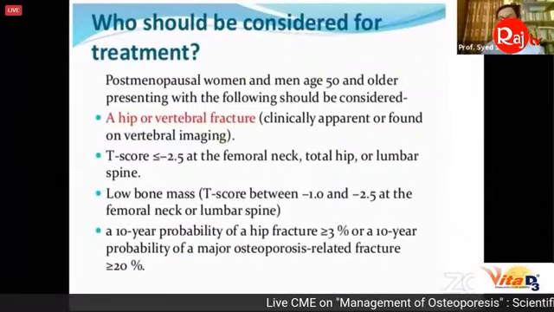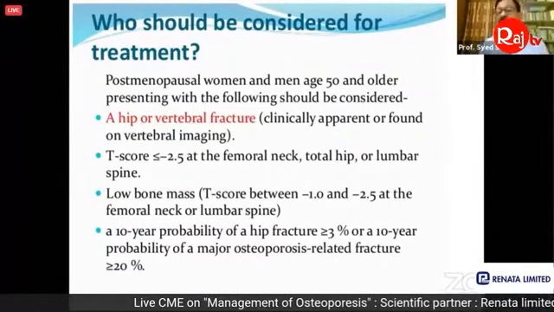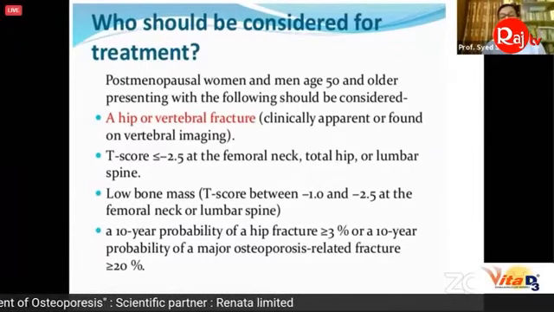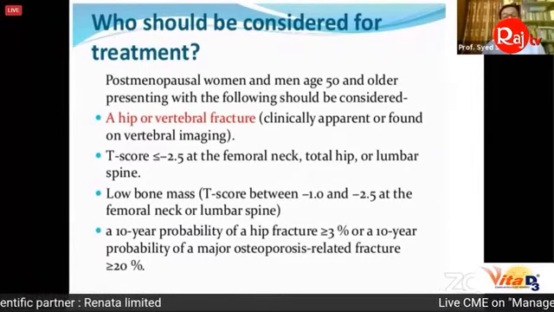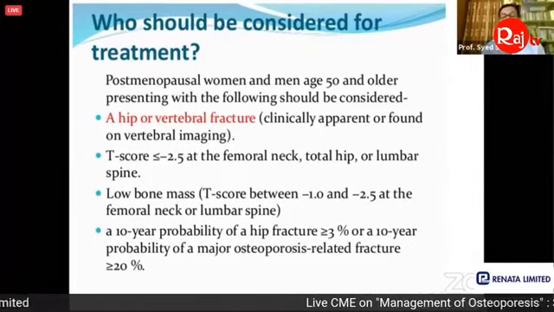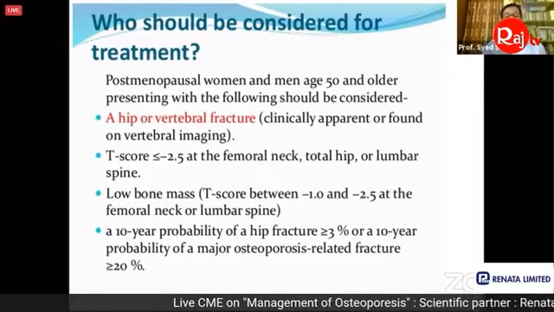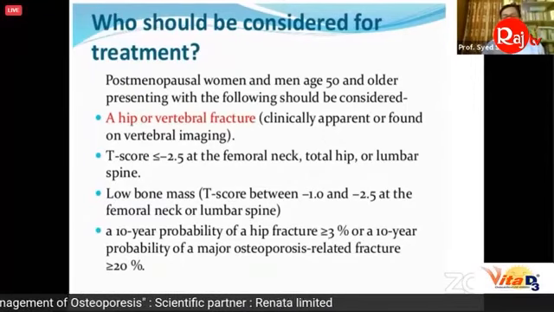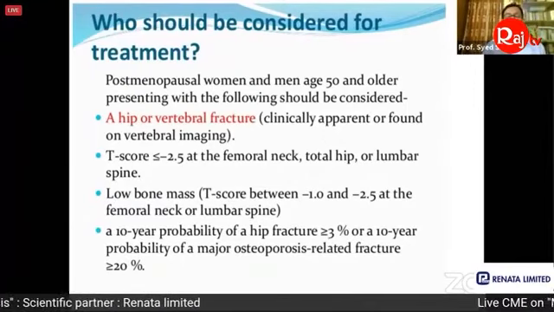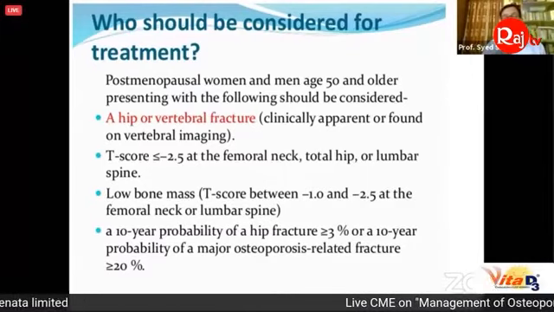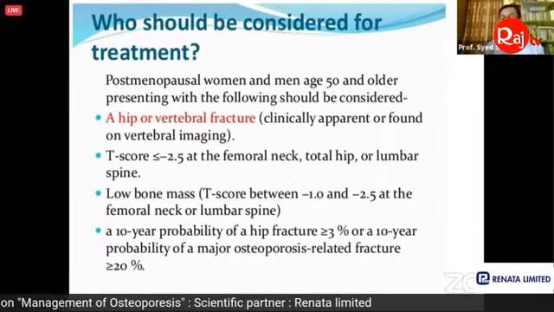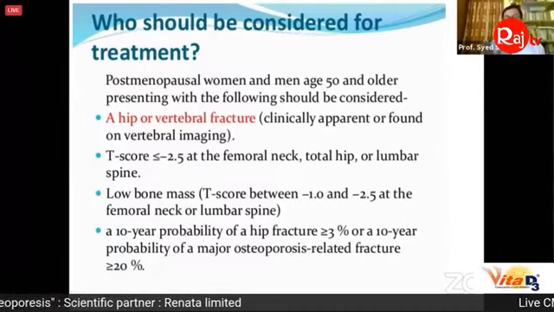So who should be considered for treatment by pharmacological agents? Postmenopausal women and men aged 50 years and older presenting with the following should be considered. Number one, a hip or vertebral fracture, clinically apparent or found by imaging. A T-score of minus 2.5 standard deviations or lower at the femoral neck, total hip or lumbar spine.